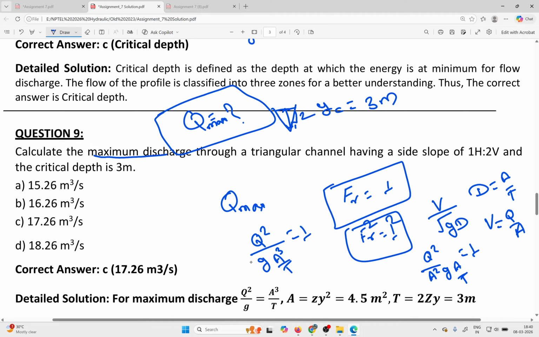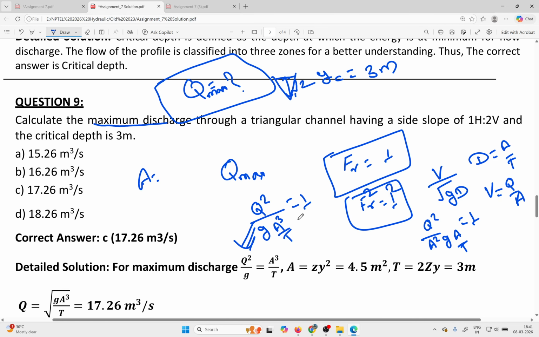Now for a triangular channel you can calculate A easily, and T also. Then you can put Q is equal to the square root of g A cube by T. So this was the concept behind it.